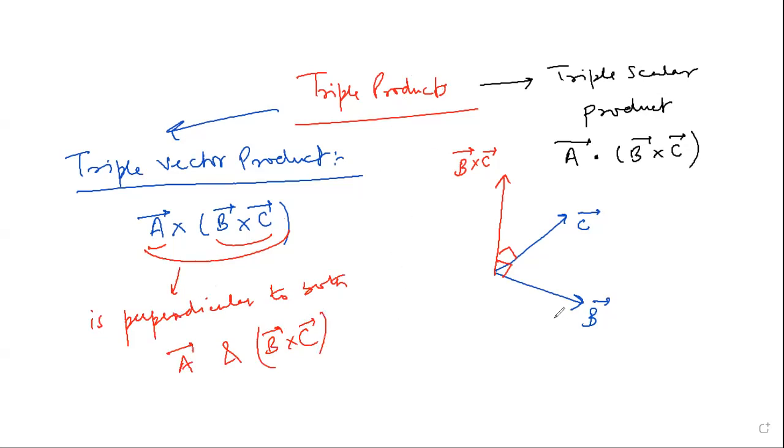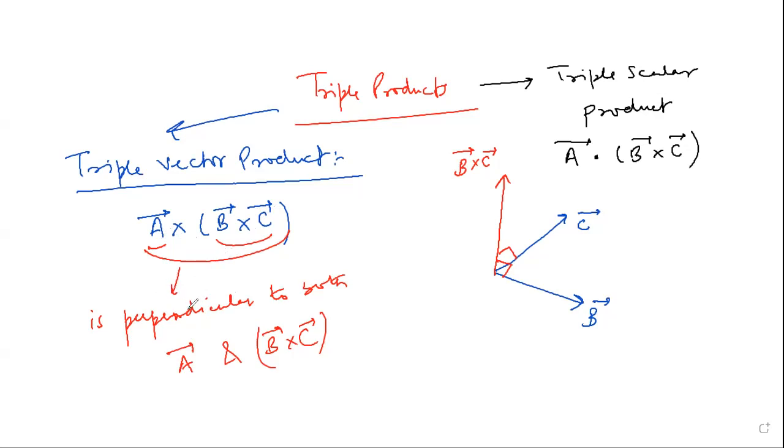Got it? I said the B cross C vector is perpendicular to B and C. Similarly, this whole vector A cross B cross C is perpendicular to both A and B cross C.